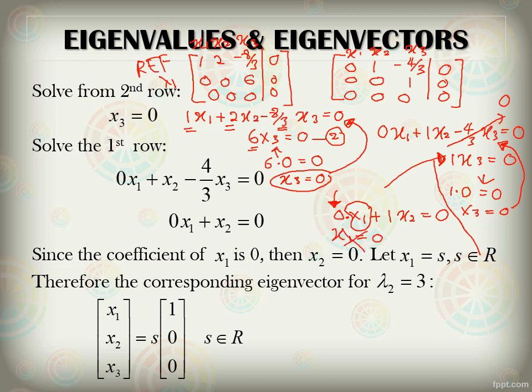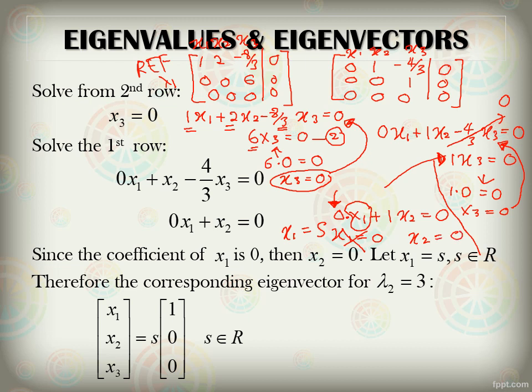No, this is wrong. So what you do is you need to declare your x1 equal to some scalar such as s. If you declare x1 equal to 0, this will automatically make x2 become 0 as well, right?